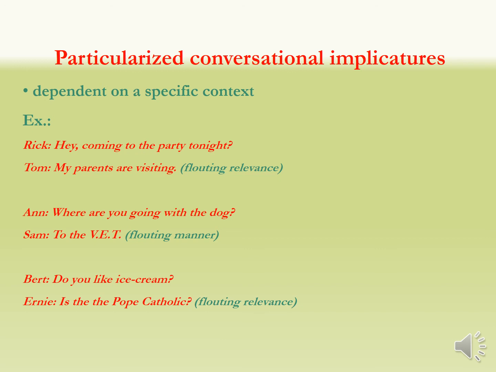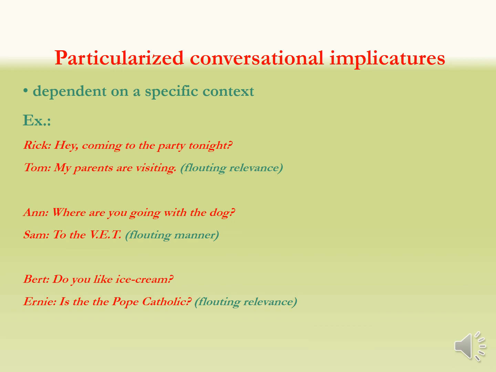So coming to the party is an indication that he is doing well. But Tom clearly indicates that he is well because his parents are coming. His parents are visiting him, so that they don't see any negative signs, and shouldn't be in a position to guess that their son Tom is not in a good position.